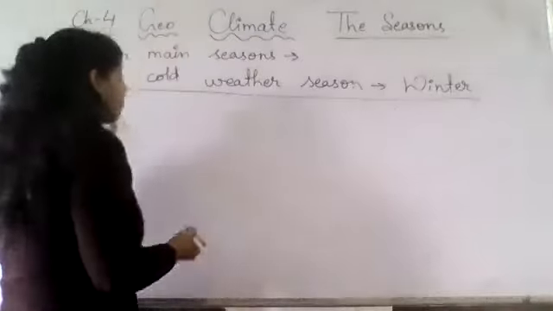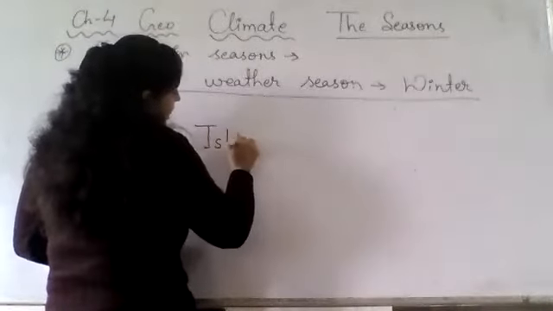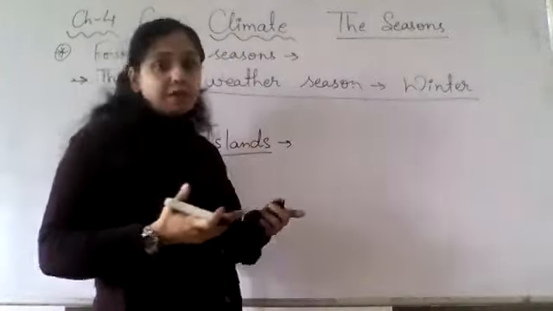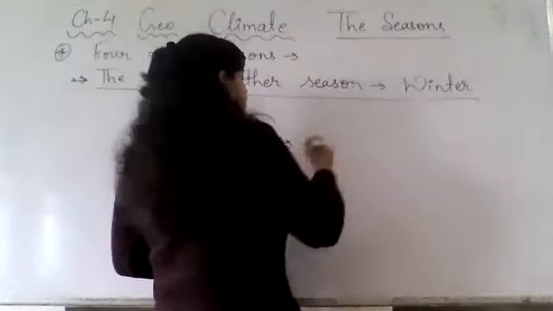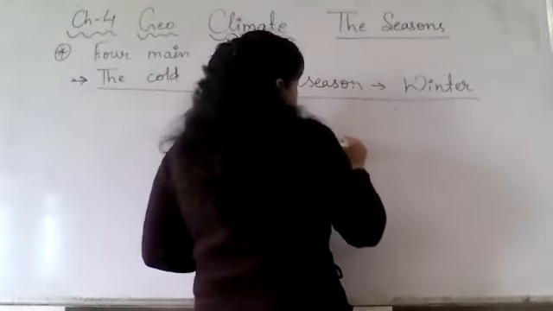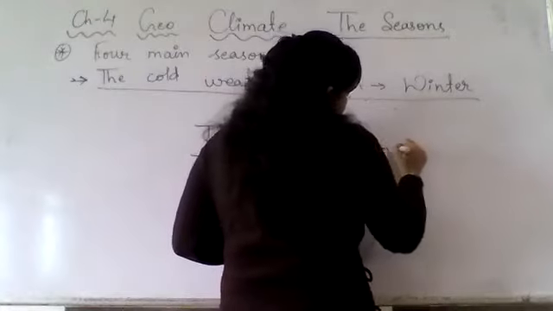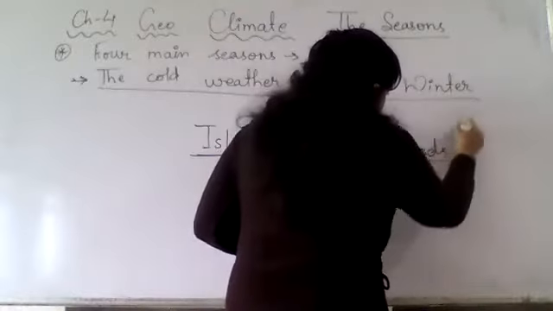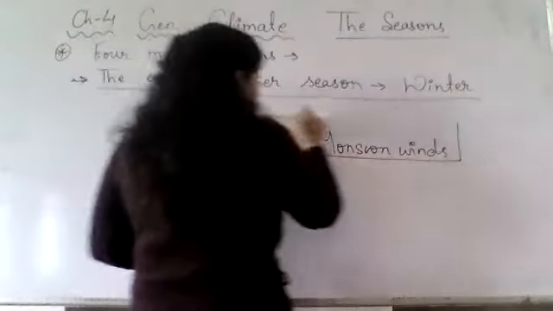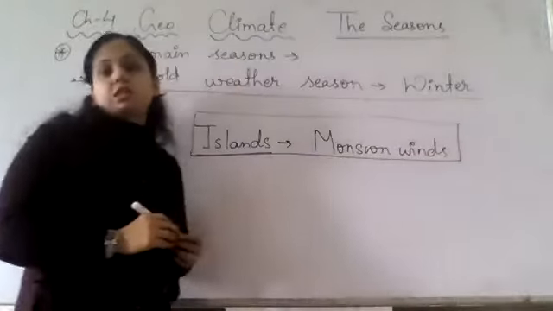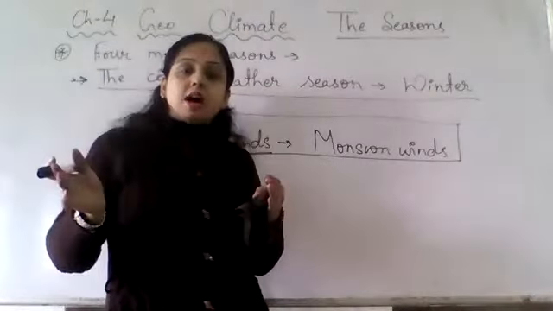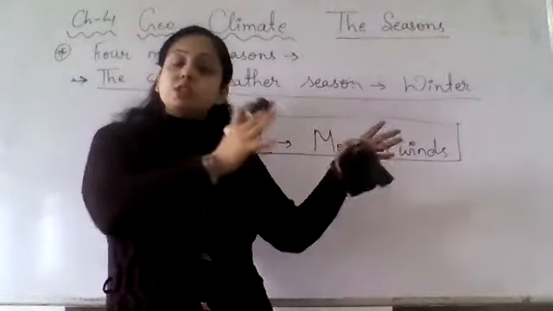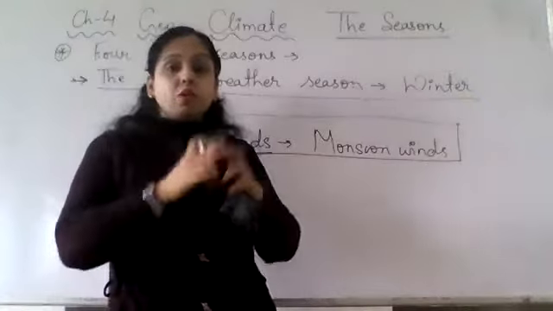Okay, what happened with our islands? That means, what happened with our islands in regard to monsoon winds? We studied yesterday how these monsoon winds have a pulsating nature, how they come very soon and cover the whole country very soon.